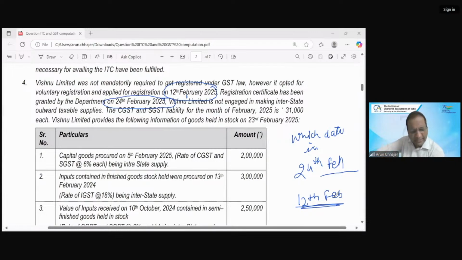So 24th ठीक है, 23rd Feb की last, that is okay. मैं स्टॉक का काउंटिंग इसी डेट का करूंगा. That is okay. किस केस में 12 फरवरी एप्लीकेबल होगा? किस केस में 12 फरवरी would be counted as a relevant date for the calculation of ITC?